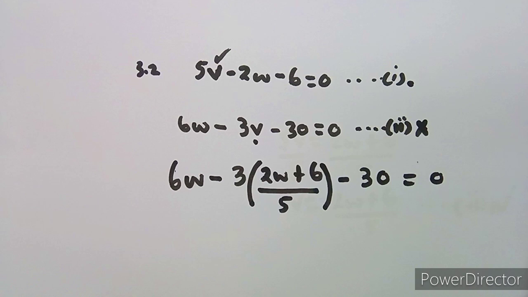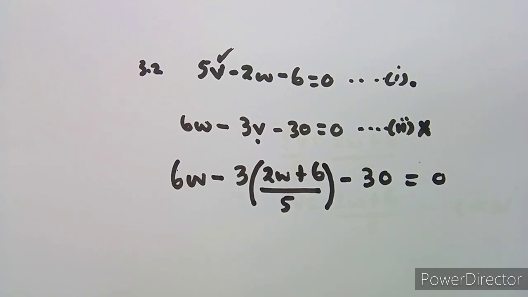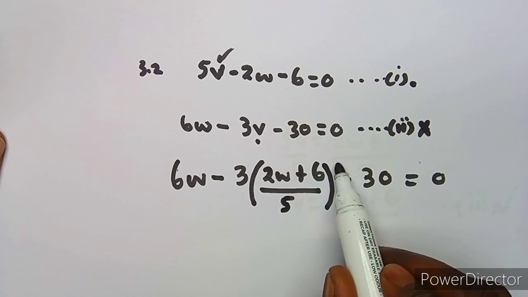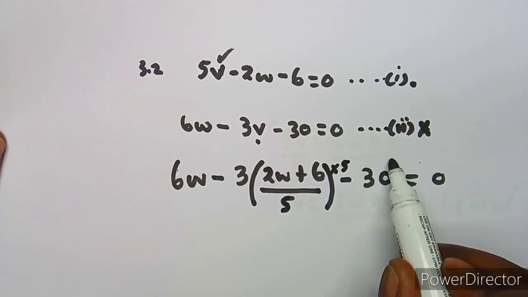All right, so as we can see, now we have an equation which is in terms of w. Everything now is in terms of w. So what are we going to do? We can expand or clear the fractions. I don't know what is going to be best for you, but there are so many ways you can work with. So you can clear this fraction because this is over 5. So multiply each and every term by 5.